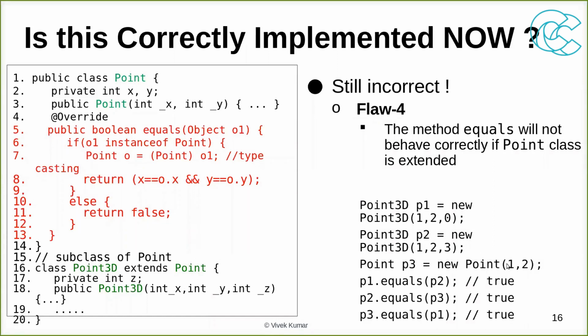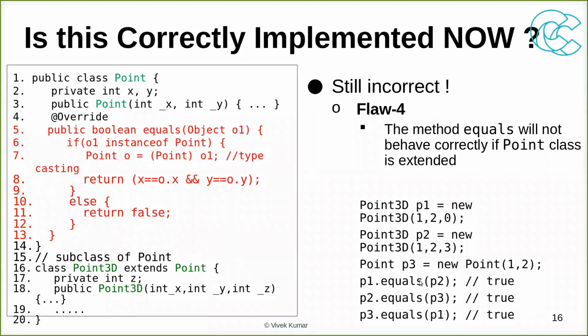And as we have seen in the previous slide, instanceof works even if it is of a subtype. So if you say p1.equals(p2), since Point3D extends Point, it inherits this equals method, right? So now you can use equals on a Point3D instance also.